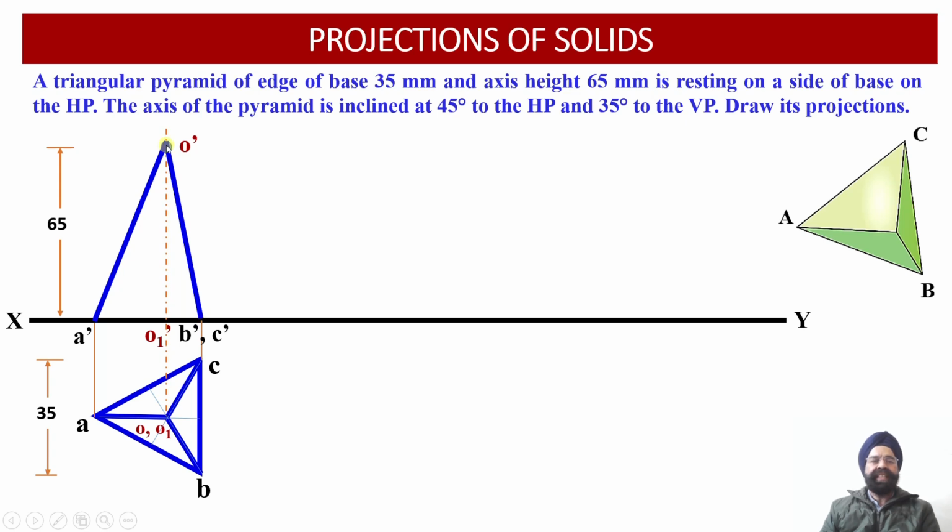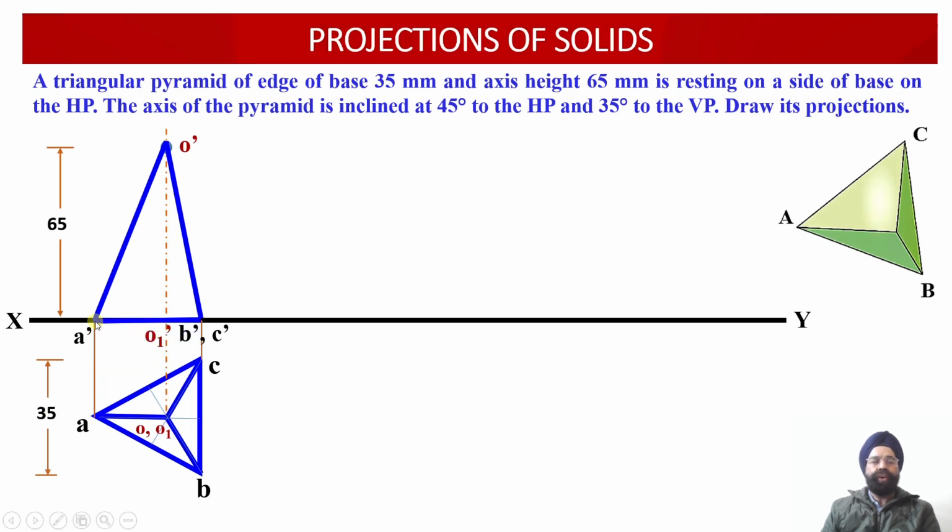Since the object line projection O dash B dash corresponding to the slant edge OB supersedes the hidden line projection O dash C dash, we are not able to see the hidden line projection corresponding to the slant edge O dash C dash in the front view projection.